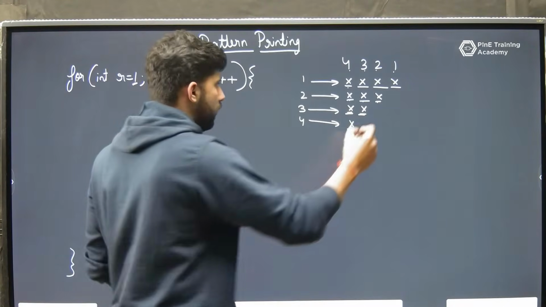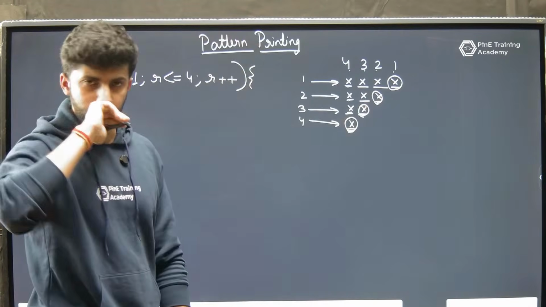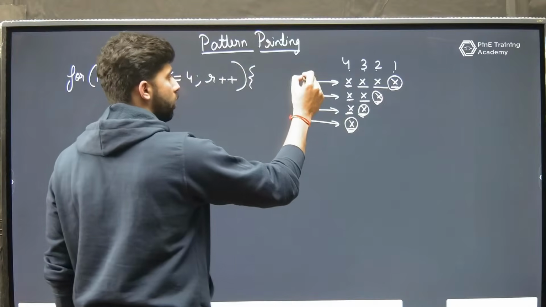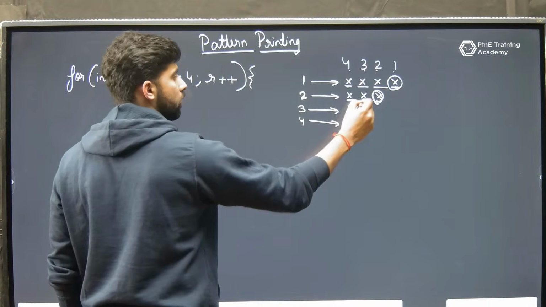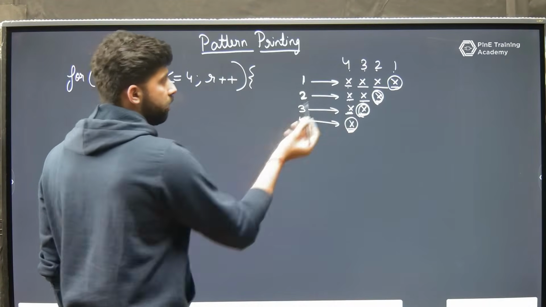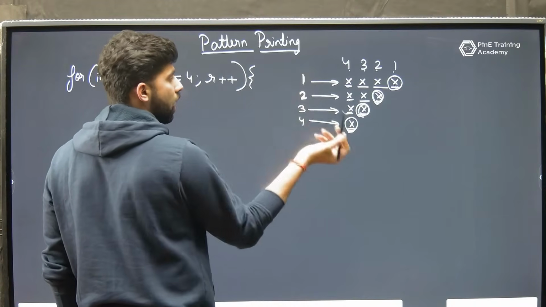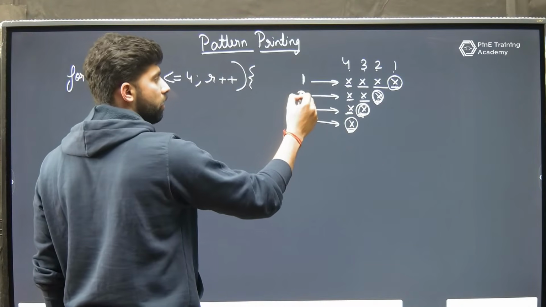If you notice the last number here, you will see that this last number is equal to the row number. If I'm going 4, 3, 2, 1, that means this is row number 1. If I am going 4, 3, 2, that means till row number 2.